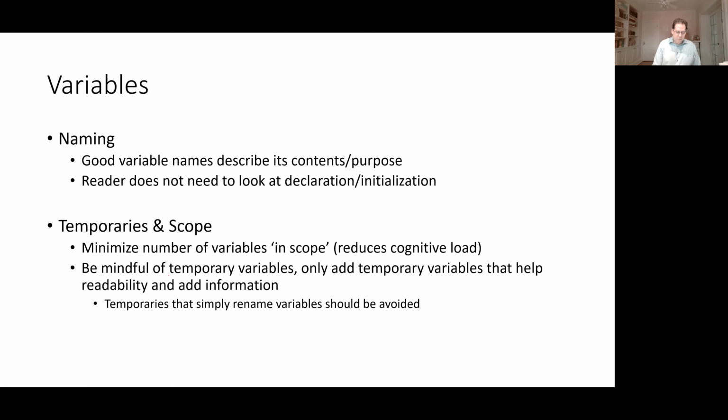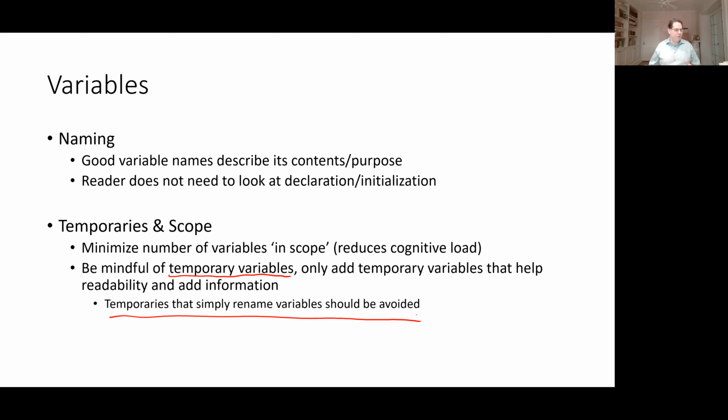You also want to think about how many temporary variables you want. Too many temporary variables, where many of the variables are sort of renamed copies of each other, can be hard to understand because you're increasing the number of variables that a person needs to keep in his or her head. Those are bad: temporaries that are really just copies of other variables. On the other hand, sometimes temporaries are good. If you have too few temporary variables, you might wind up with very long lines of code, and that can also be hard to understand.